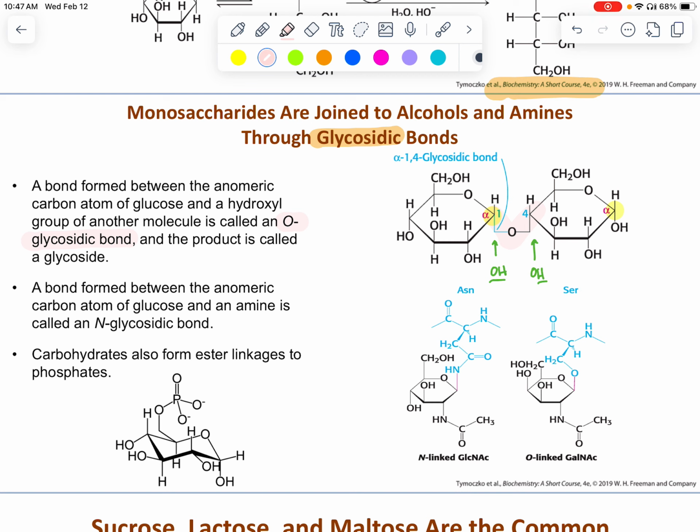I want to point out the way this is drawn can be a little confusing. They're trying to point out here that that bond goes downward from that plane, because it turns out that that's important. But it makes it look as if there is a carbon right here, and there is not.